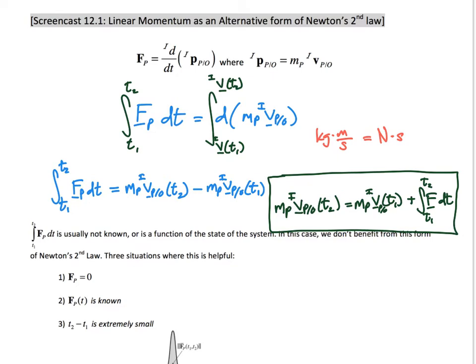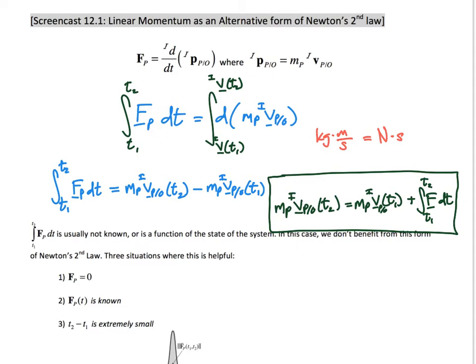The second thing to see here that's important is that this force term, when we are integrating across time, it's best to have force as a function of time, and we'll explain that a little bit more down below. But one thing to consider as we're judging whether to use this form of Newton's second law is that oftentimes we have force as a function of the state.